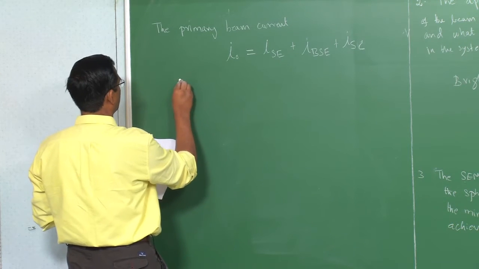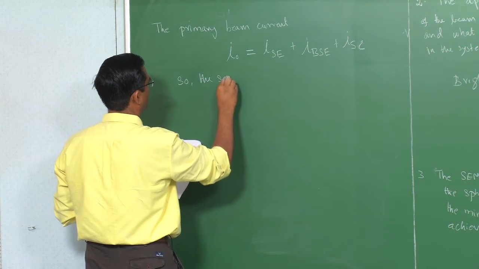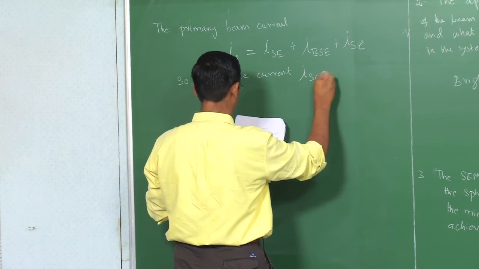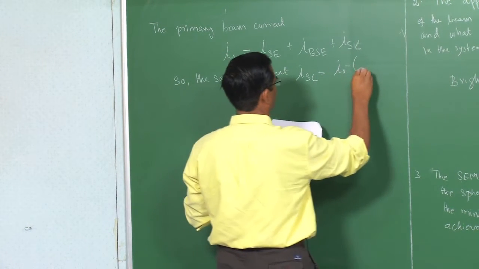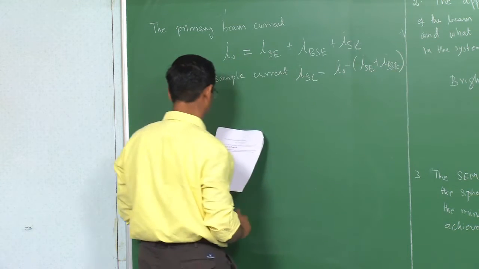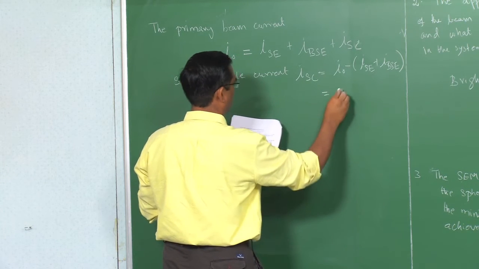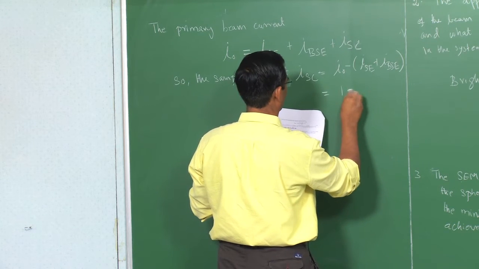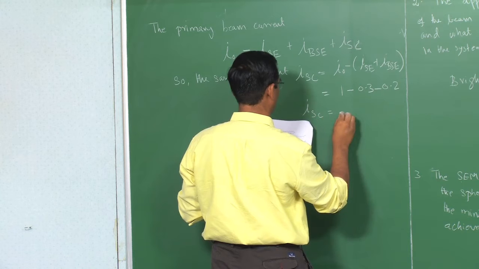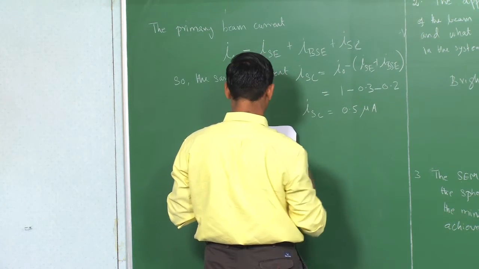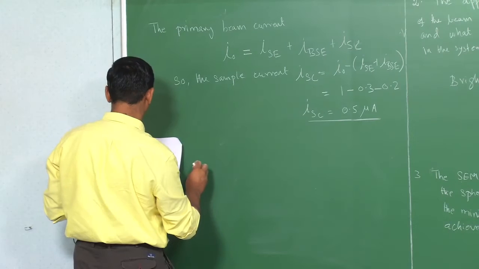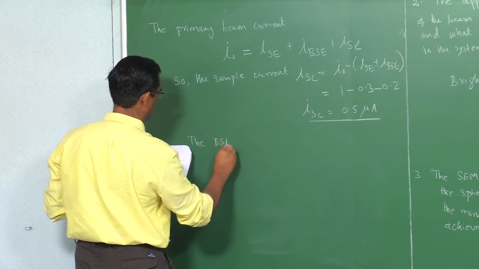So, we can just rewrite it. This is the first answer: the sample current is 0.5 microampere.